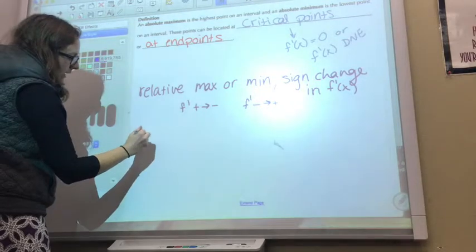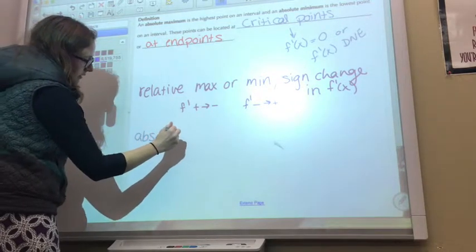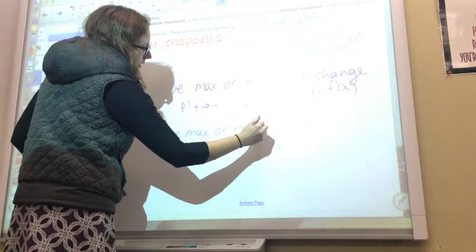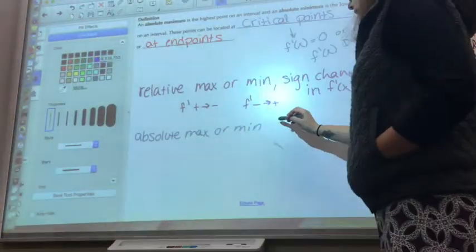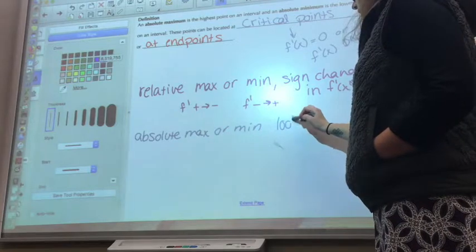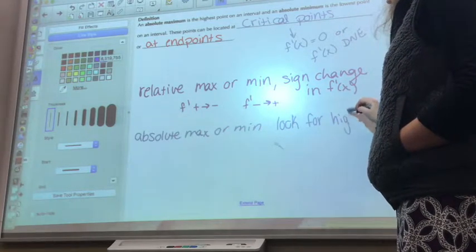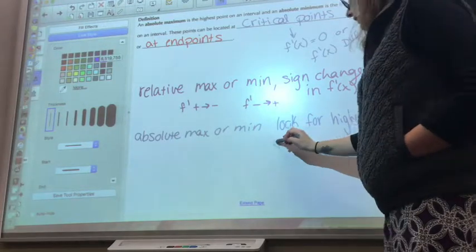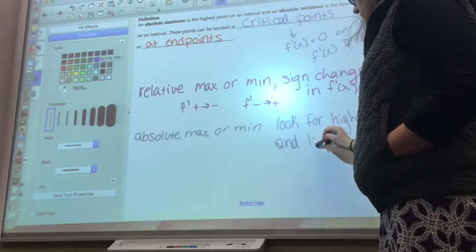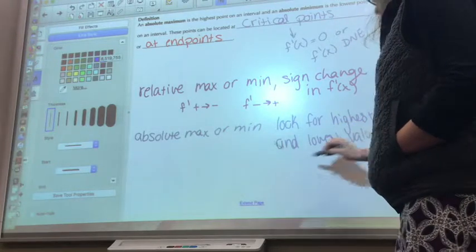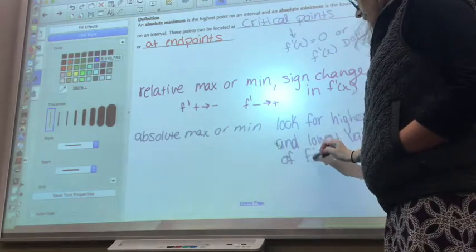But when I want an absolute max or min, we want to look for our highest and lowest values of f of x.